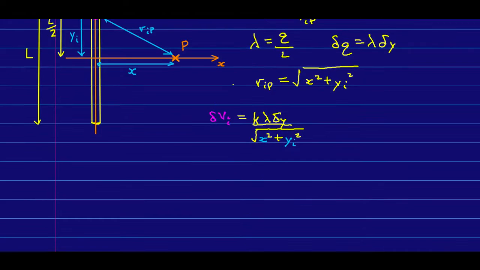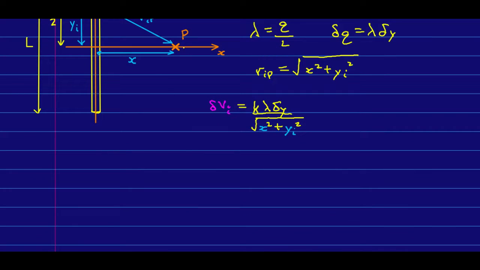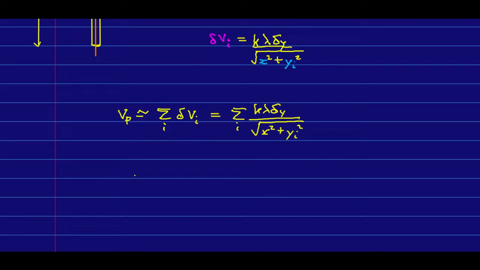Now I'll build the integral. So the total potential at point P will be approximately the sum of all the potentials due to the individual bits delta VI. And so that is just a sum over I. But I can now do the usual trick and convert that into an integral, which will make it precise.